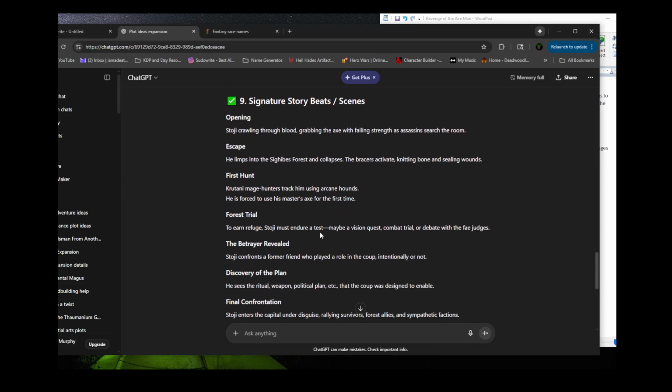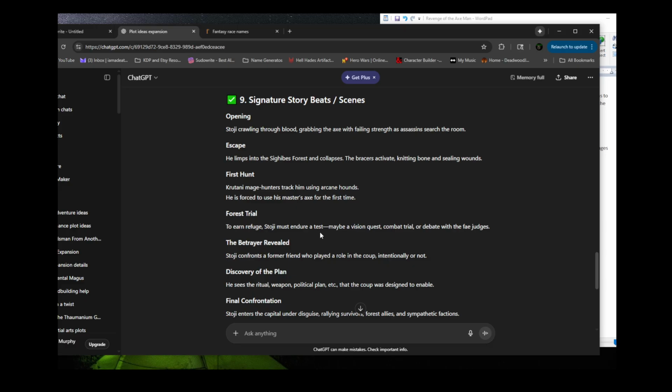And then we come into some possible story beats. We have the opening with him crawling for blood, grabbing the axe, with failing strength as assassins search the room. It'd be both artifacts. His escape, first hunt.